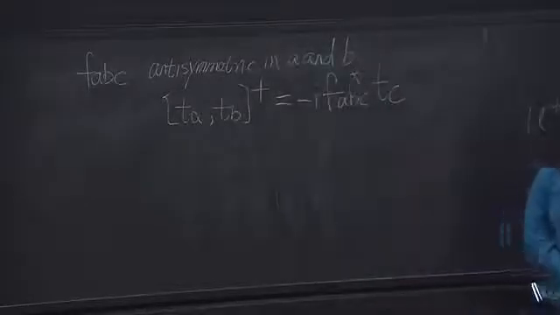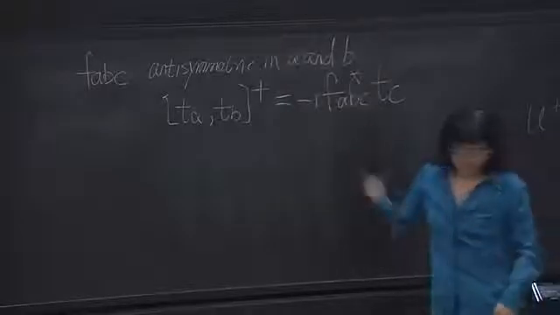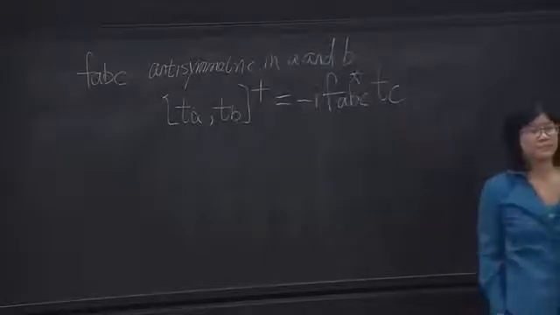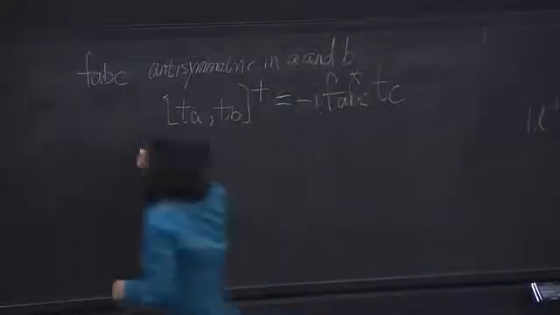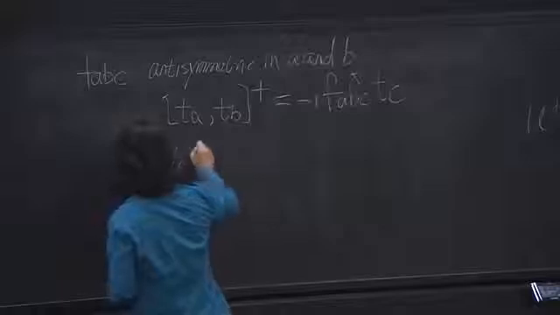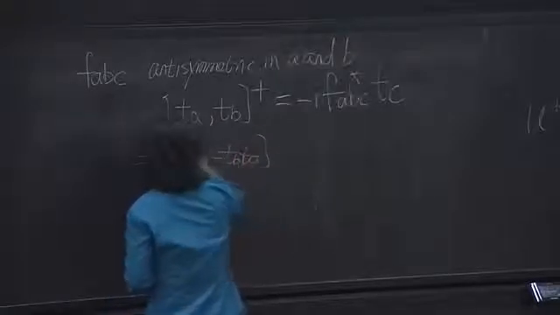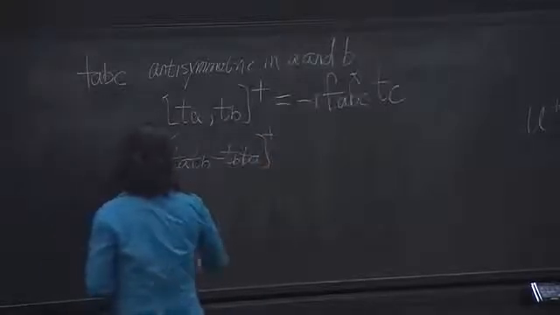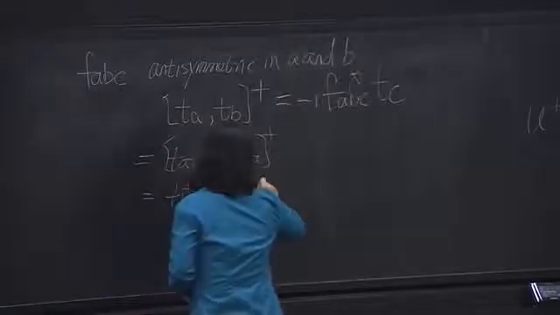Taking the dagger of it, i becomes minus i, f_ABC becomes the complex conjugate, and this guy becomes itself because it's Hermitian. Let's see what this is. This is TA, TB, subtract TB, TA, dagger. And according to our dagger rule, it becomes TB dagger, TA dagger, subtract TA dagger, TB dagger.